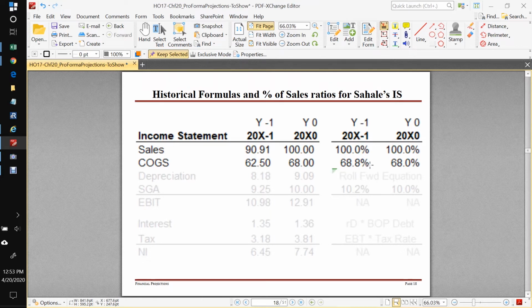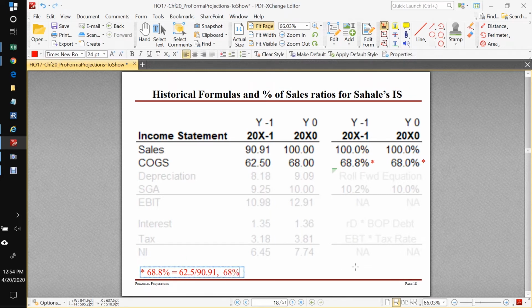And then what I have here is this 68.8%, which is the COGS divided by sales ratio. Let me put that in down here. So 68.8% is equal to 62.5 over 90.91. And let's also put another star up here. This is one that you can check very quickly.